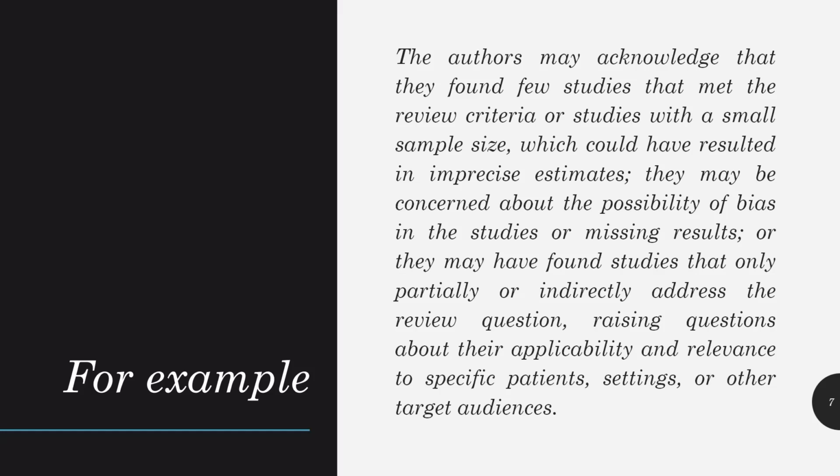A few of the possible limitations which could affect a systematic review and which the authors could find worthy of identifying are if the authors found very few studies that met the review criteria, or if the authors included studies with a small sample size, which could be due to various reasons, could even be due to the fact that there were very few papers that met the eligibility criteria.